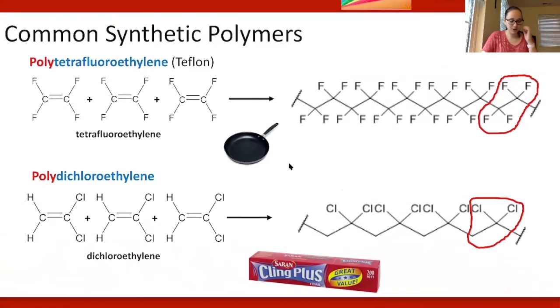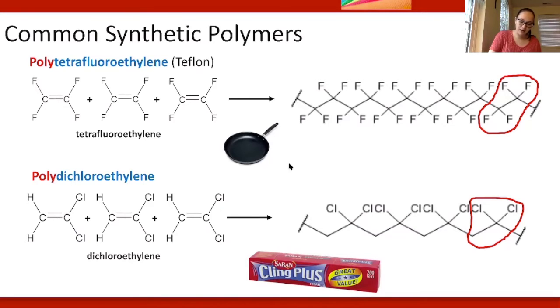Two more, polytetrafluoroethylene. So tetrafluoroethylene or tetrafluoroethene is almost the same as our polyethylene, but it has tetrafluoro. That tetra meaning four. So each monomer unit has 4 fluorines on it.